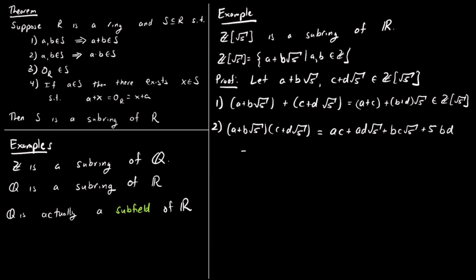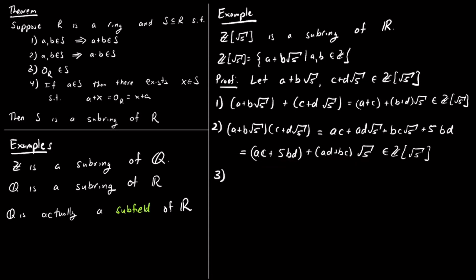And if we group things together carefully, we'll see that this is AC plus 5BD plus AD plus BC root 5. And we've produced an element in Z bracket root 5. Why is this an element of Z bracket root 5? Well, AC plus 5BD is an integer, and AD plus BC is an integer. So I have an integer plus an integer root 5. So I've created another element in this set.